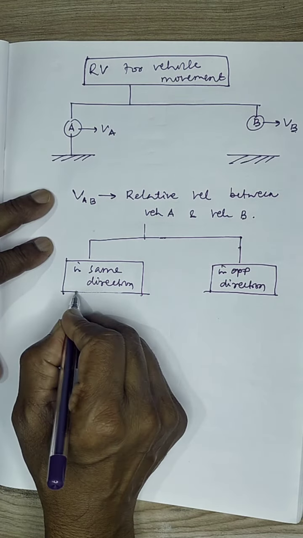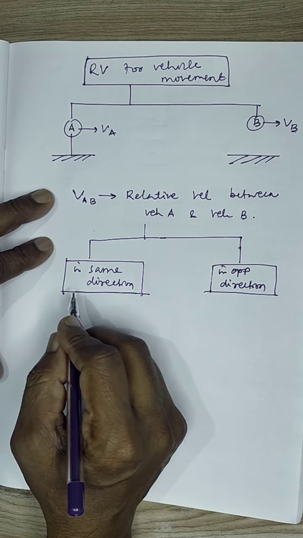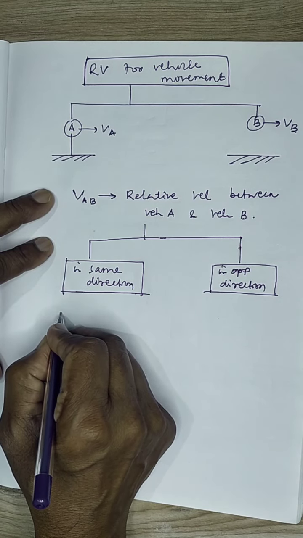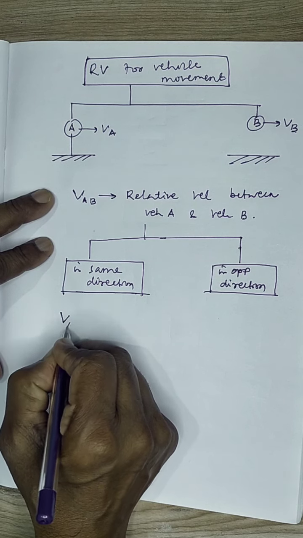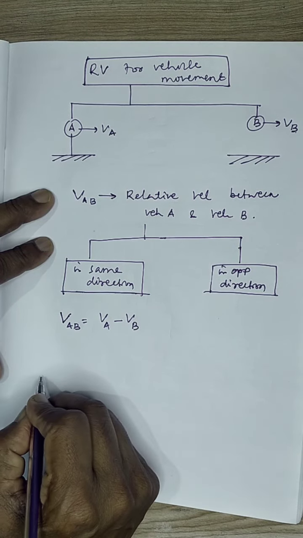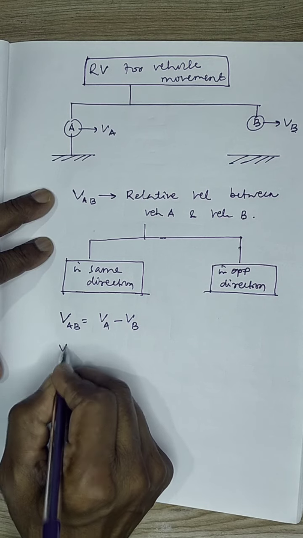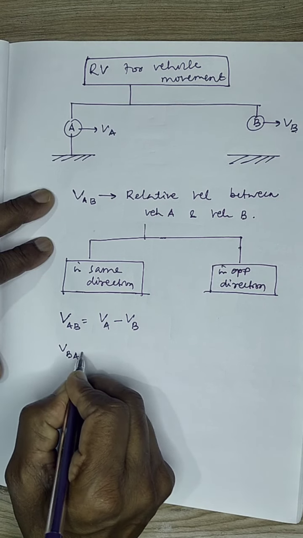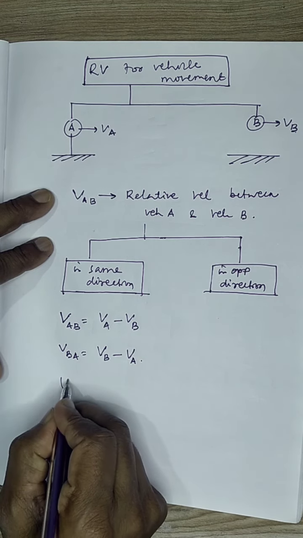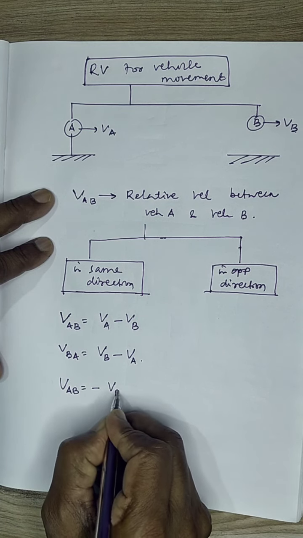In both cases, both are moving in a parallel direction condition. If both are in the same direction, relative velocity VAB will be velocity of A minus velocity of B, whereas the relative velocity of B with respect to A will be velocity of B minus velocity of A, and in both cases VAB will be minus VBA.